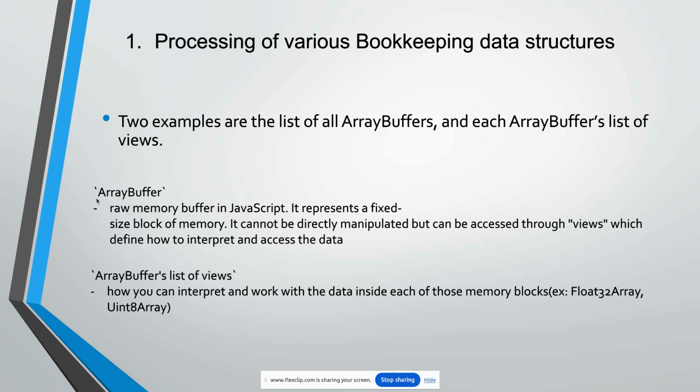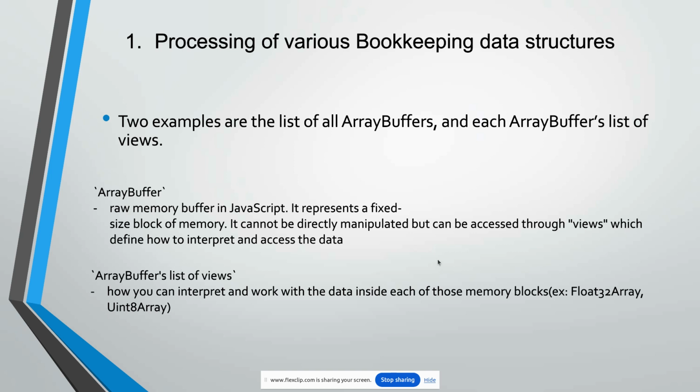If you're trying to learn what an array buffer and an array buffer's list of views are, we have to understand what buffer means. A buffer is a region in memory that stores data, but temporary data, which has to move, so it's stored for a temporary purpose.